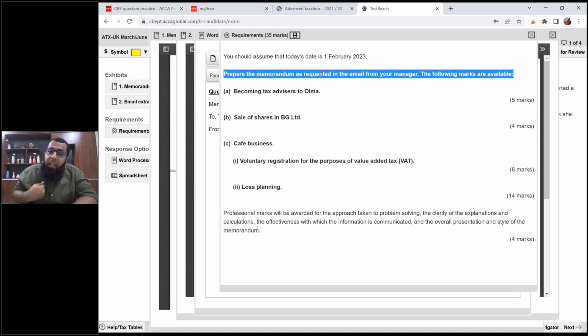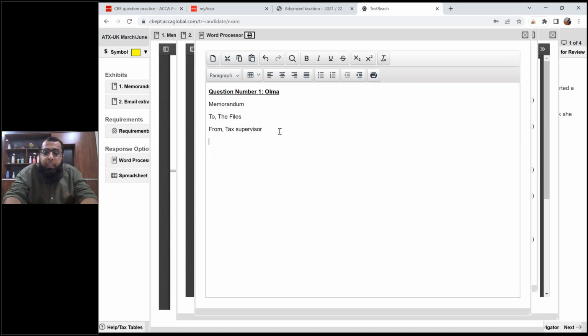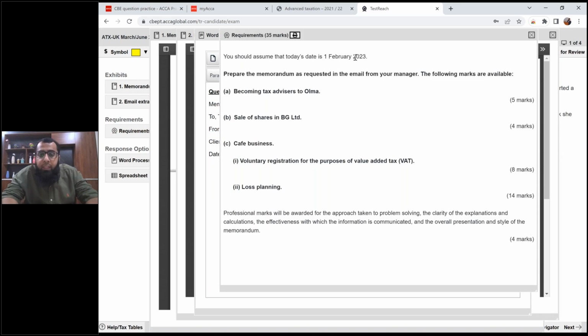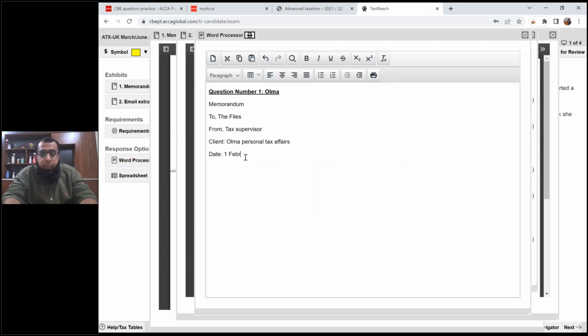So we will assume ourselves as the tax supervisor. Now, what is the client? Client: Alma Business Affairs, or you can say Alma Personal Tax Affairs. You can write the date. He has given you the date here, that today's date is 1st February 2023. Okay, and now we are answering this first requirement.